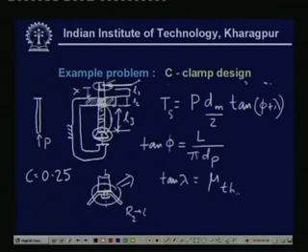So, this is the friction coefficient between the screw and the nut, and the friction force appears in the thread.